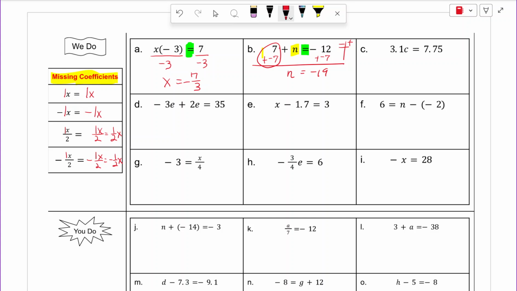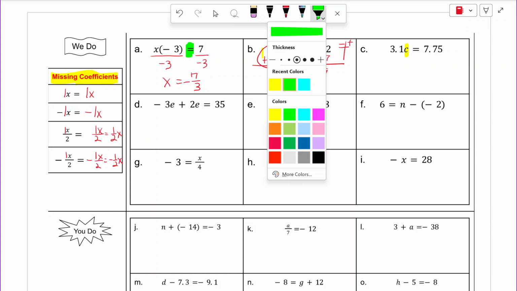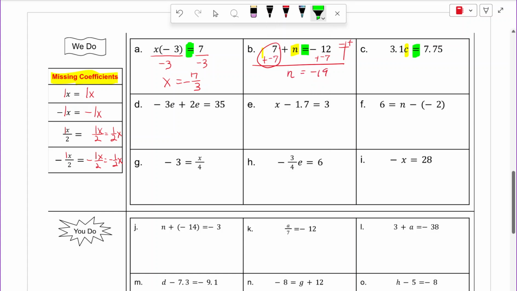Let's take a look at C. Here is our variable. It's attached to 3 and 1/10. That's a coefficient. And we need to know where our equal sign is. It's right here. So it's multiplication, so we're going to use division. We'll divide this side by 3 and 1/10, and we'll divide this side by 3 and 1/10. Now we did not use a negative down here. Don't get confused with adding, subtracting.